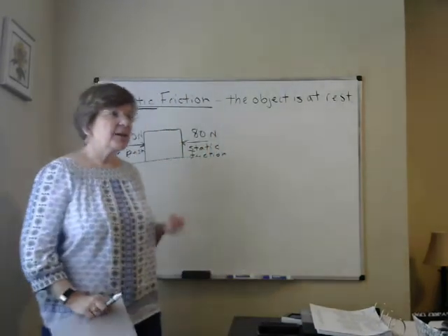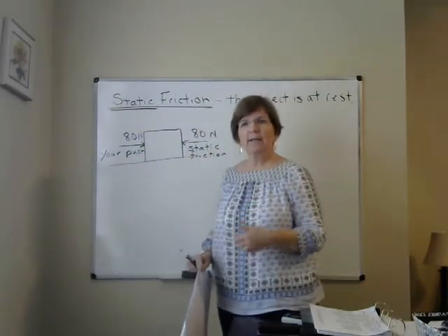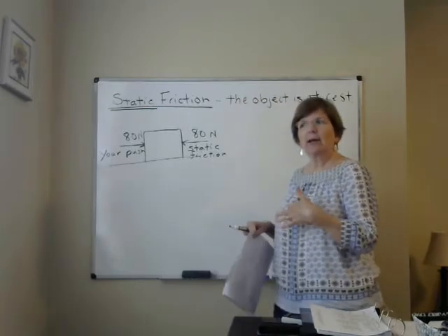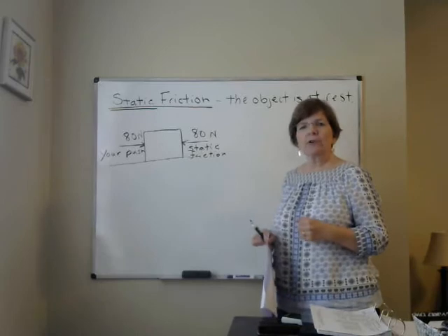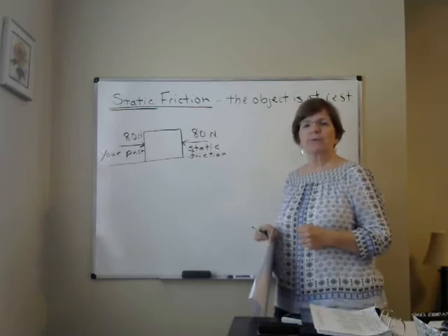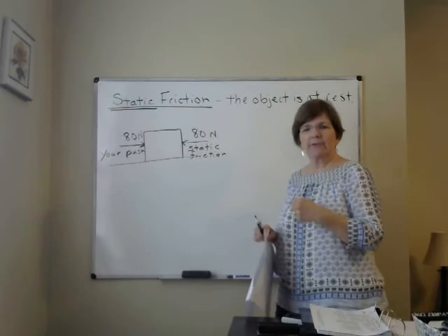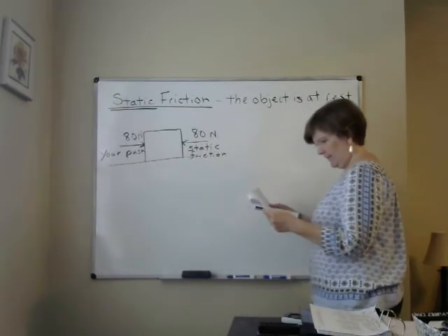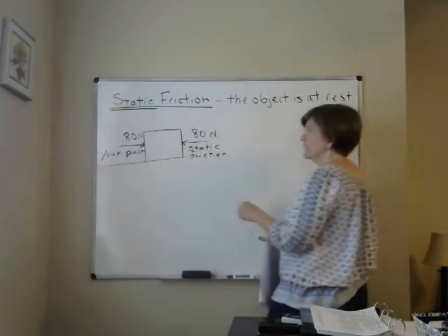Now, eventually, you will push hard enough that it will start to move. So there's what we call a maximum value of static friction. If you can push all the way up to 100 newtons before it starts to move, then 100 newtons might be the maximum value of static friction. Okay, so let's say you do that.